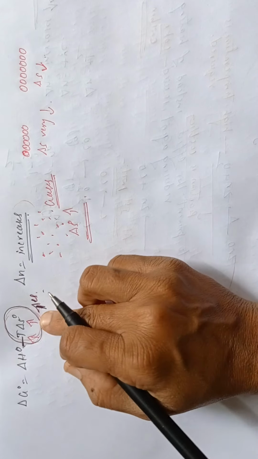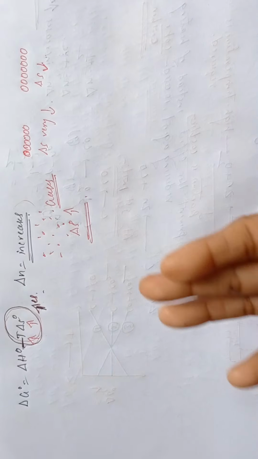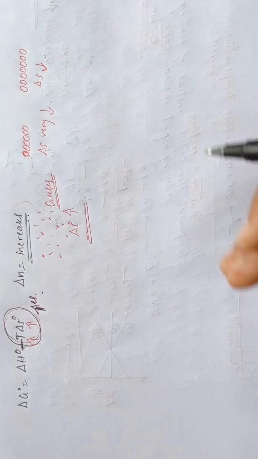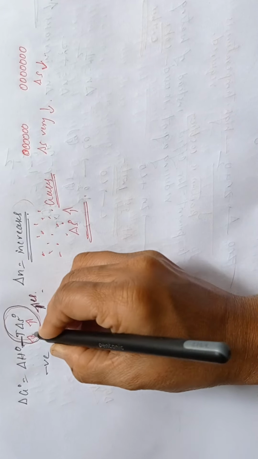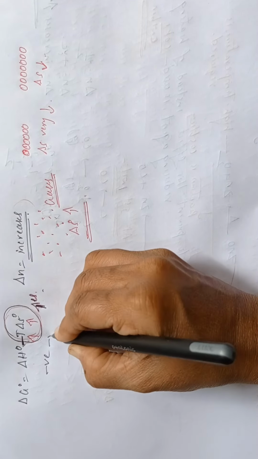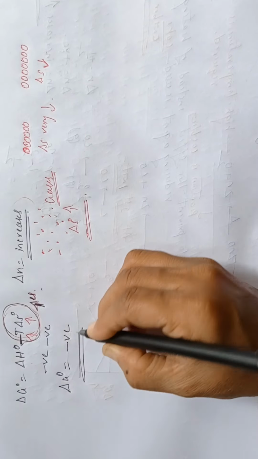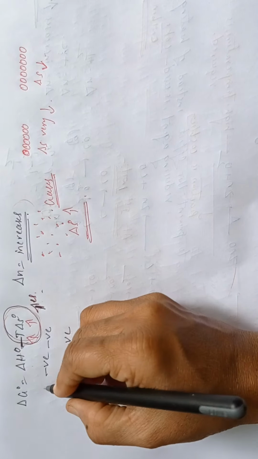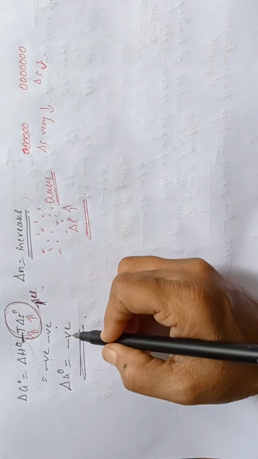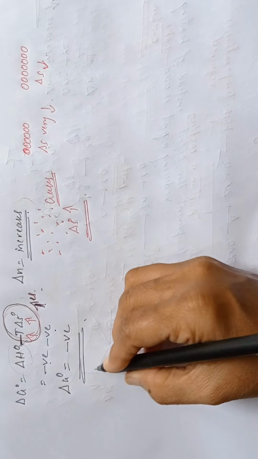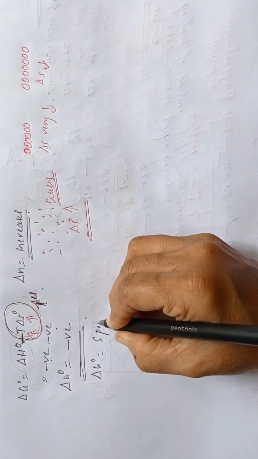So this negative value is more, and the delta H naught value, that is the change in enthalpy, is nothing but, during the formation of a bond, energy is released, so that is negative. This is negative, this value is also negative, then you will get the total delta G naught negative. That means delta G naught negative is nothing but the reaction is which one, students?